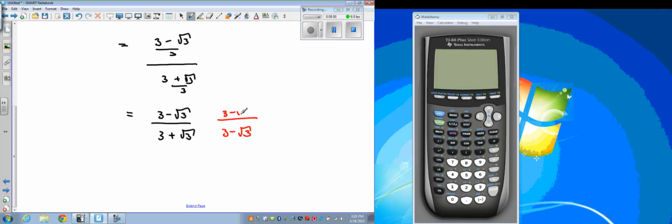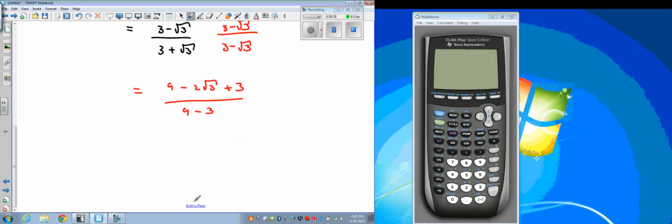Over 3 minus the square root of 3. So then you have the numerator, you're going to have to expand that out, right? So that's going to be 9 minus 2 square root of 3 plus 3. And the denominator is 9 minus 3. Isn't that right? It's the first term squared minus the second term squared. So then this is 6 minus 2 square root of 3. Did I do that right? Oh, it's 12. You're right.